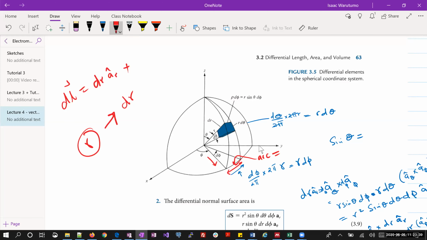So it is going to be given by d phi over 2 pi, which is 360, times 2 pi r. If you cancel this and this, you are left with the arc at the xy plane being r d phi.